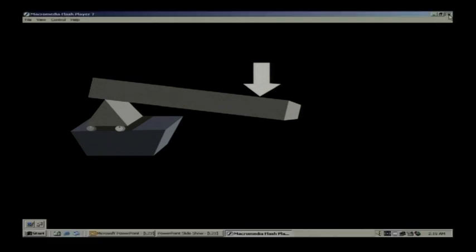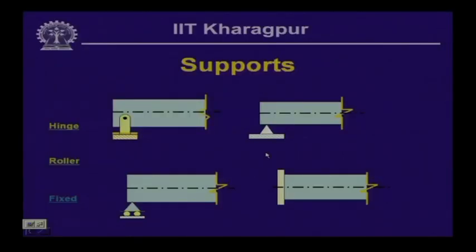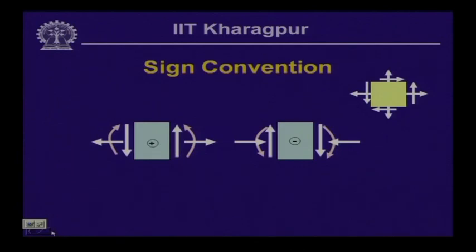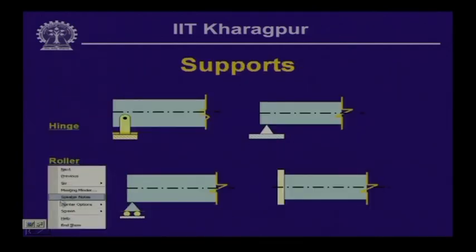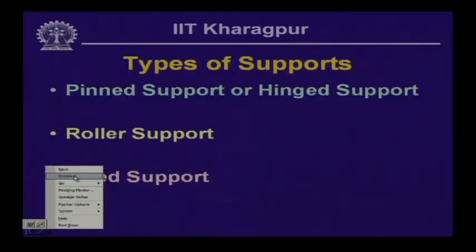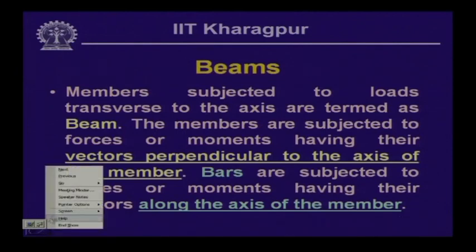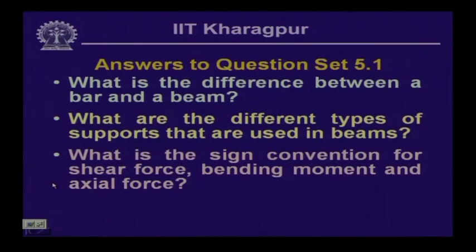So, we have movement in the horizontal direction as well as the rotation. Well, these are the different kinds of supports that we encounter, and the last question which we had was, what is the sign convention for shear force, bending moment and axial force?